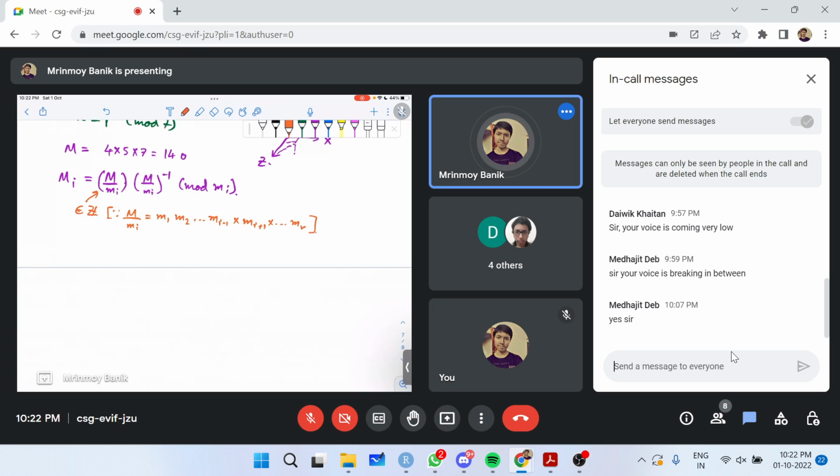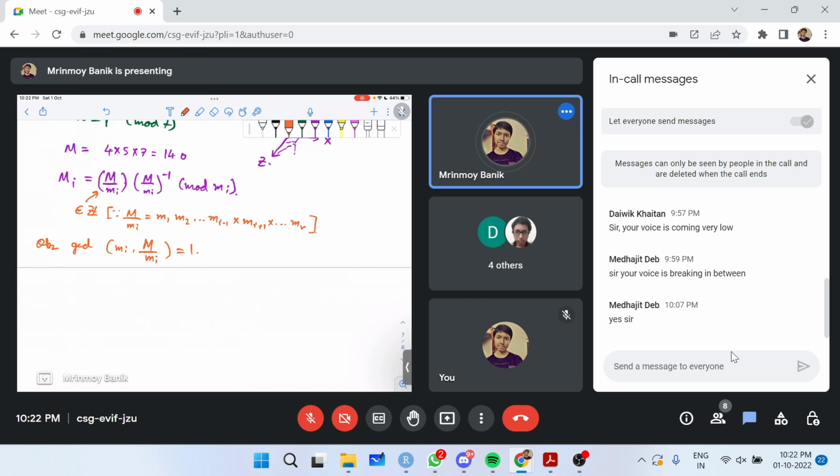And this mi is prime, sorry, not prime, it may not be prime, but observe that the GCD of mi and capital M by mi is 1.